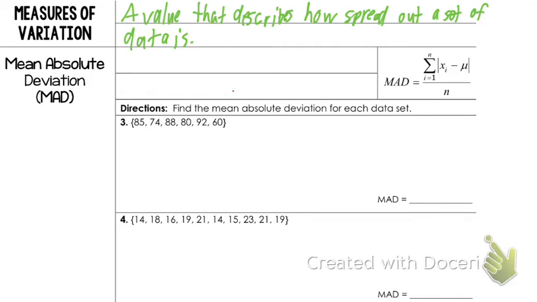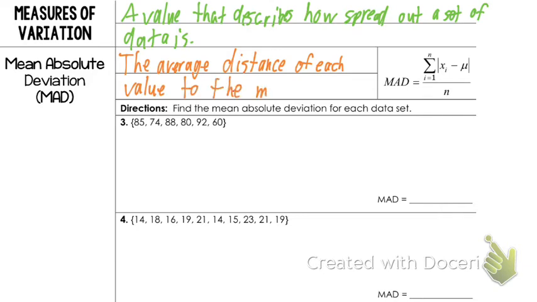Now, we're going to define mean absolute deviation as the average distance, how far something is, of each value to the mean. We're going to say, hey, how far is each piece of data from the mean? And then we're going to average that together.